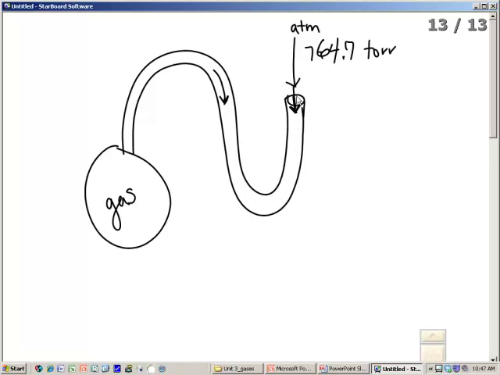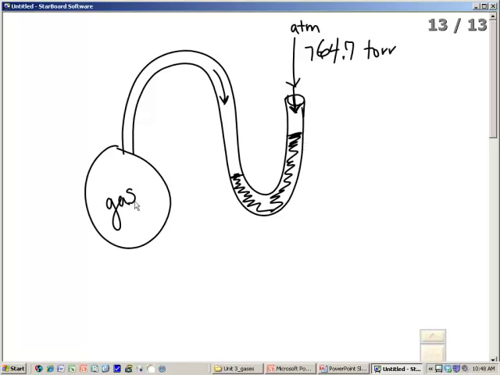It says, we're given the atmospheric pressure and the heights of the mercury in the two arms of the manometer, and asked to determine the gas pressure in the flask. We know that this pressure must be greater than the atmospheric pressure because the mercury level in the flask side, 103.8, is lower than that on the side that is open to the atmosphere. So in other words, the mercury is higher on the atmosphere side.